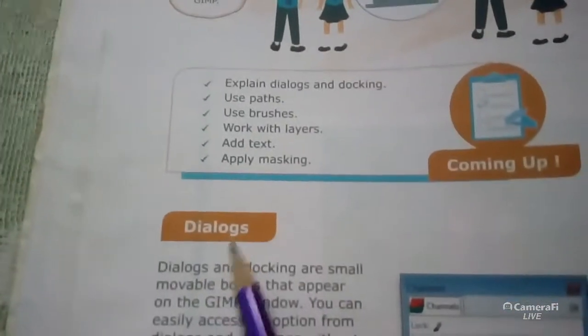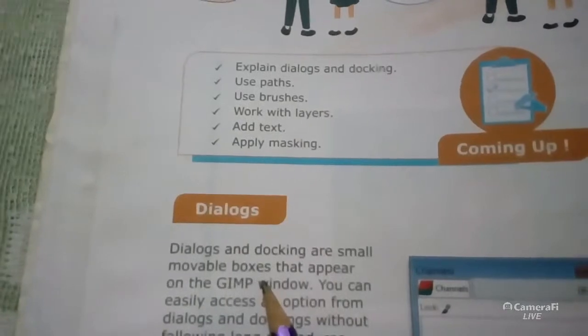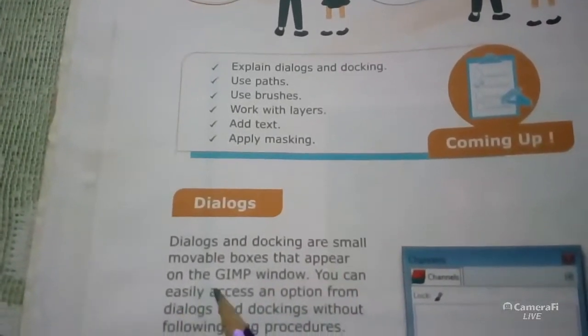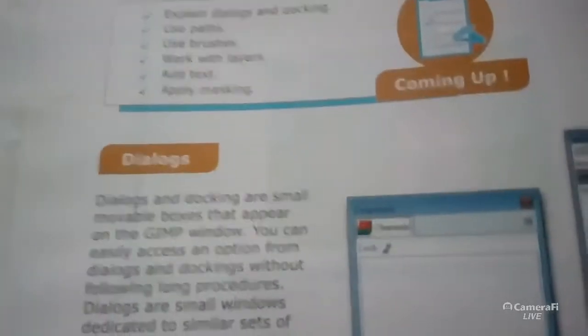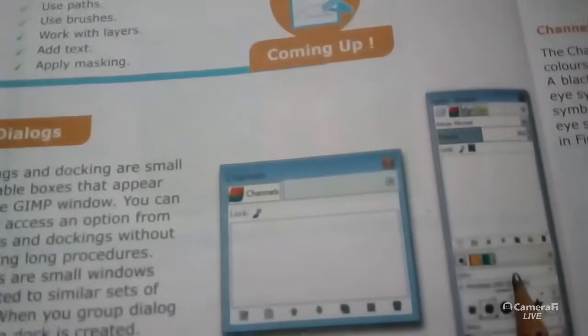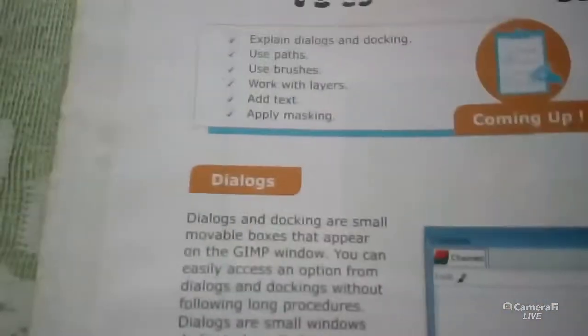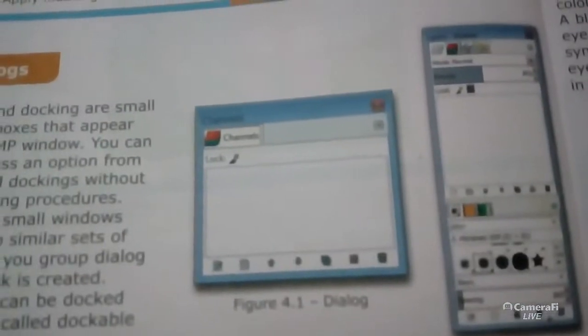First, dialogues. Dialogues and docking are small movable boxes that appear in the GIMP window. This type of box you will find in your GIMP window. One is called a dialog box and one is called a docking.